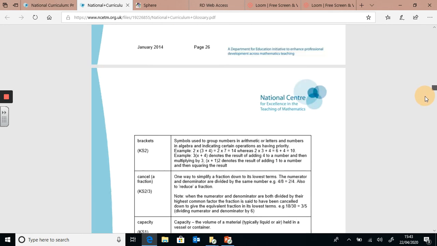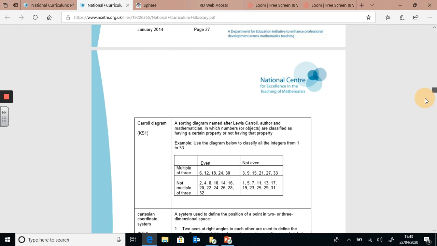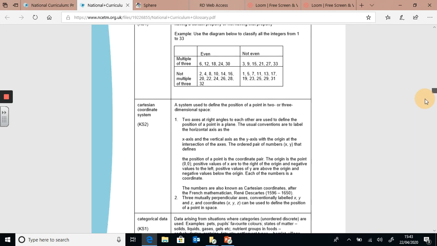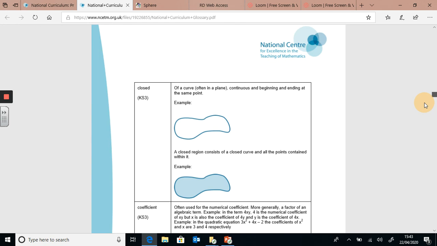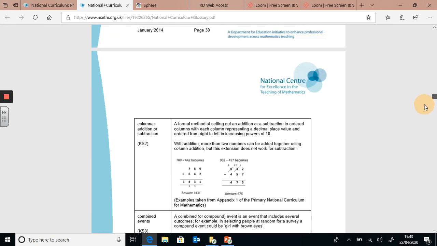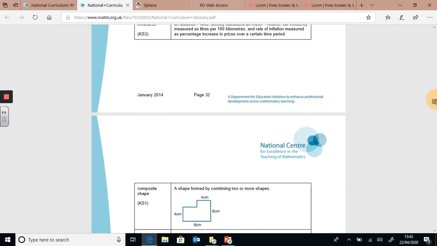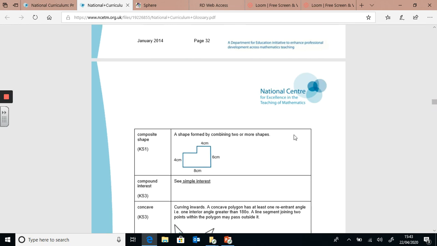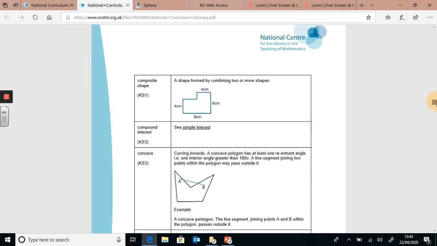But if you're a bit like me and you need a visual or a picture example, it's really, really helpful, because it will give you a definition. It will outline which key stage you need to be familiar with that vocabulary, and it gives you examples, which I find personally really helpful, and lots of my staff in my school use it as well and found it really useful to refer to.